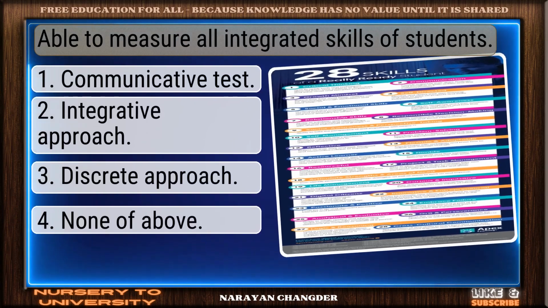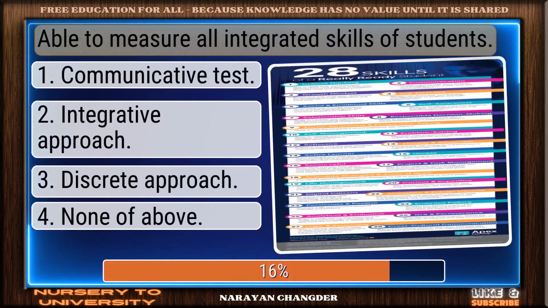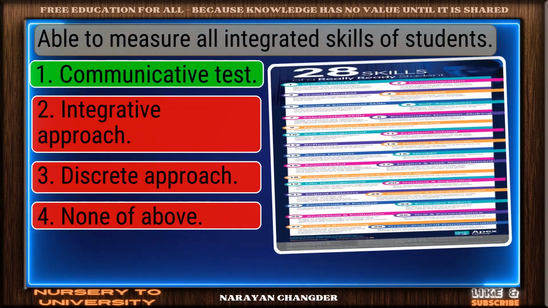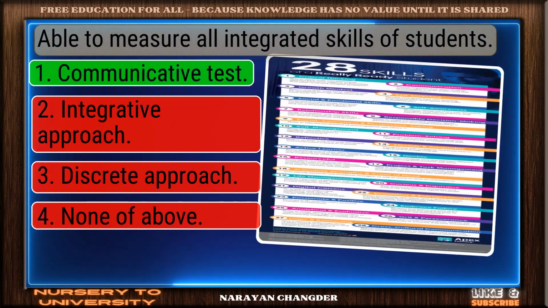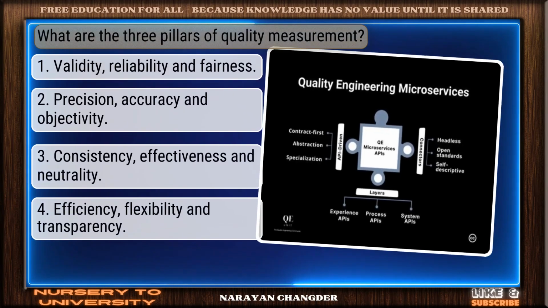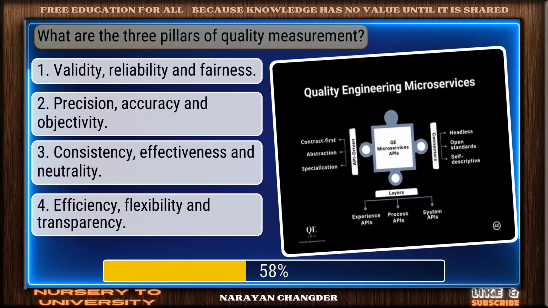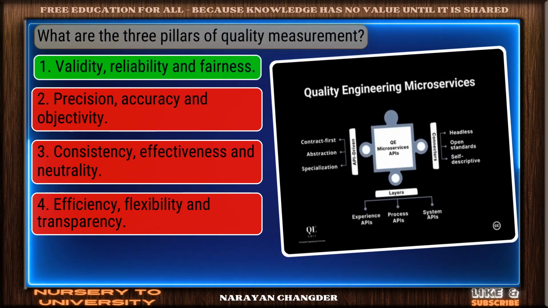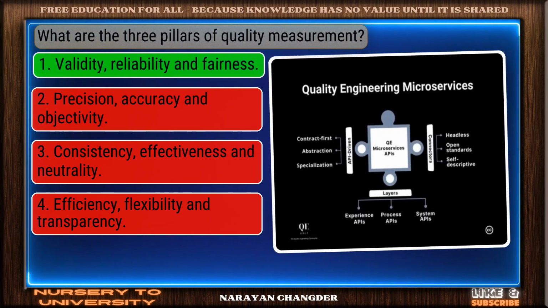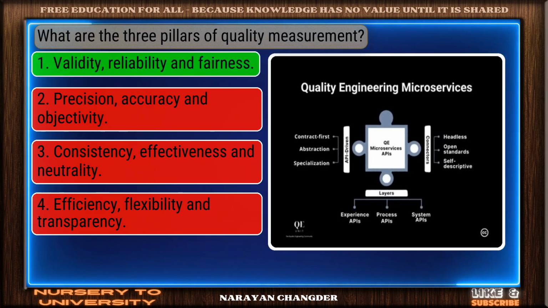Able to measure all integrated skills of students. Good thinking. Communicative test is the right answer. What are the 3 pillars of quality measurement? You're right. Validity, reliability, and fairness is the correct answer.